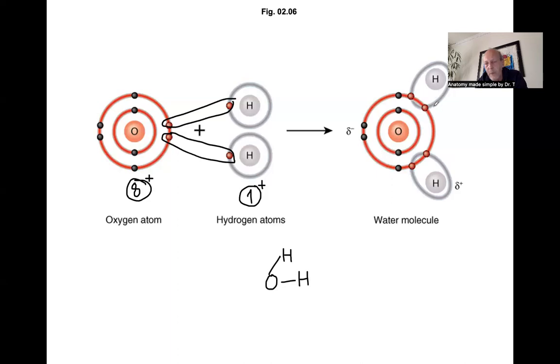Therefore, some kind of electrical charge develops on the surface of the molecule. The part with the oxygen becomes more negatively charged, or we can say just more frequently with a negative charge, while the hydrogen ends become a little bit more frequently with a positive charge because the electron is away from this hydrogen nucleus. As a result of that, we consider that the water molecule is polarized.